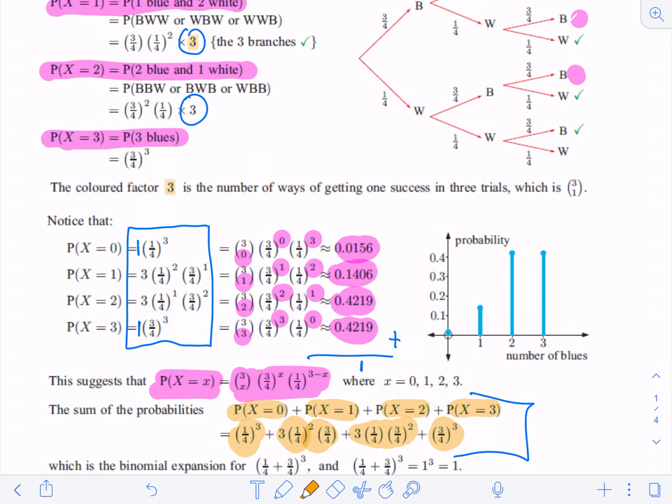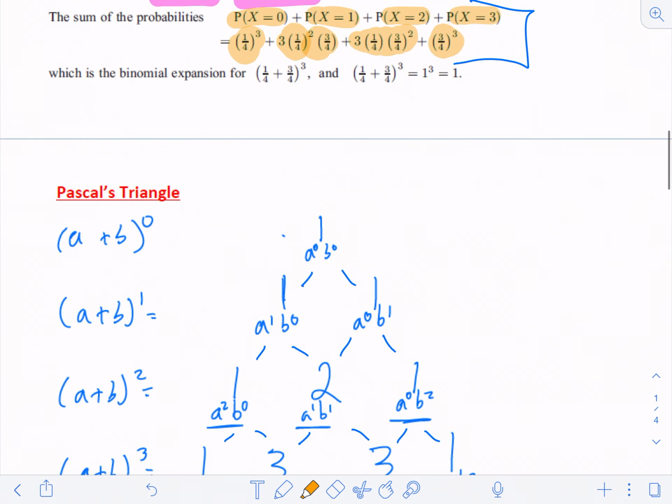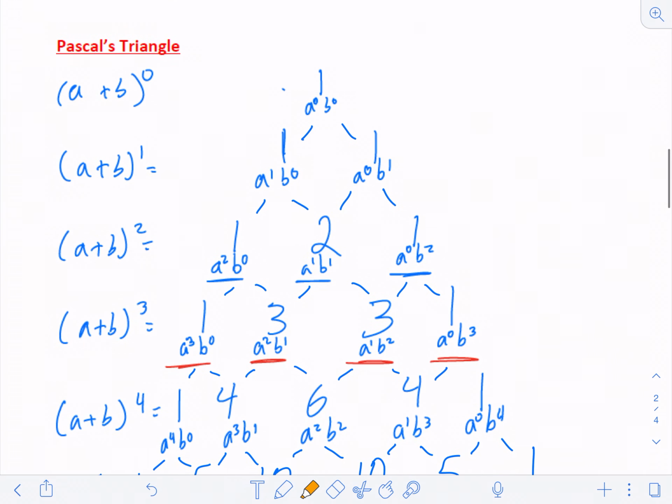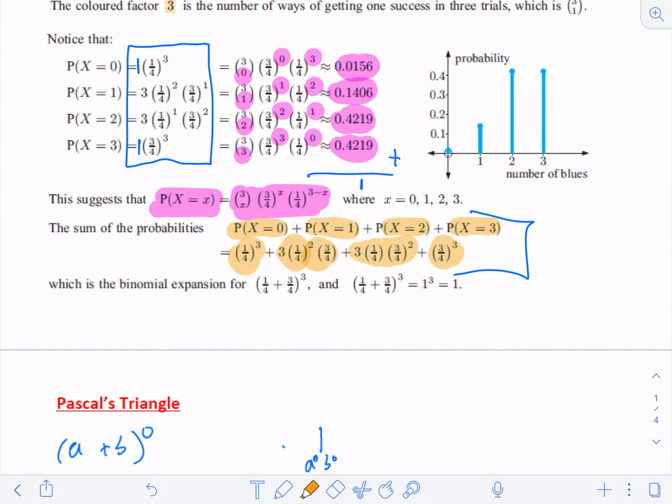And does that look familiar? Well, actually, that should look familiar because it comes from our old friend, Mr. Pascal's triangle. Remember that?